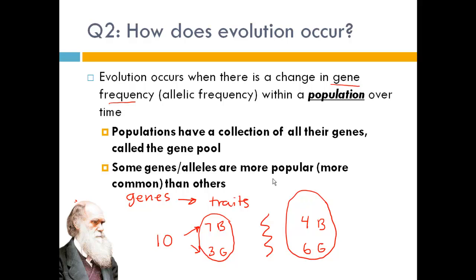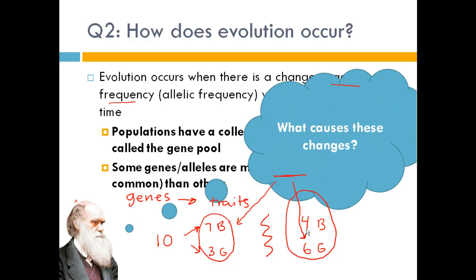So as gene pools change, remember, some genes are more popular than others. Before our environmental change, our blue genes were more popular. After the environmental change, our green genes were more popular. So what we want to do next is to understand what causes these changes. How do we go from 7 blue beetles to only 4 blue beetles?